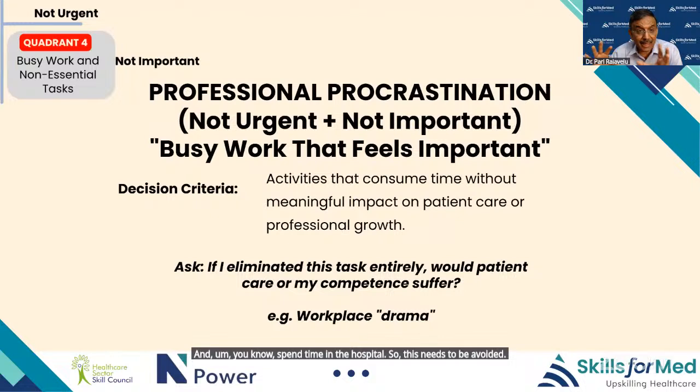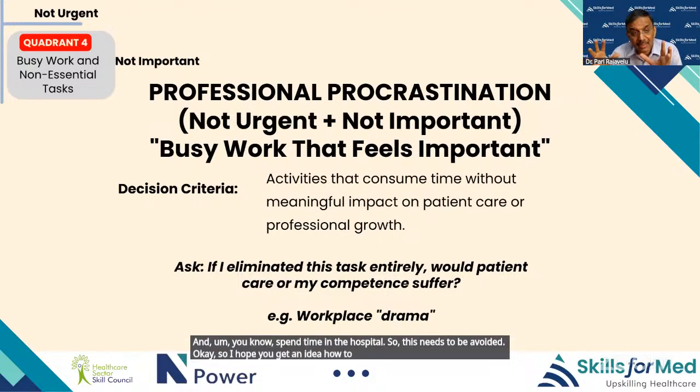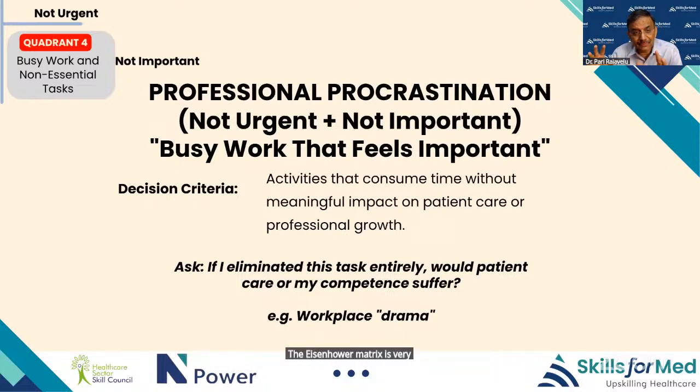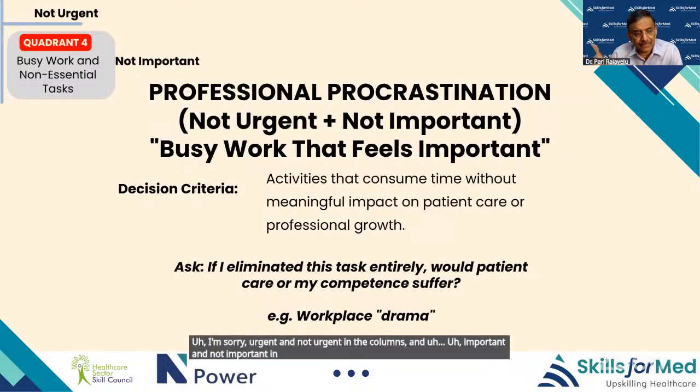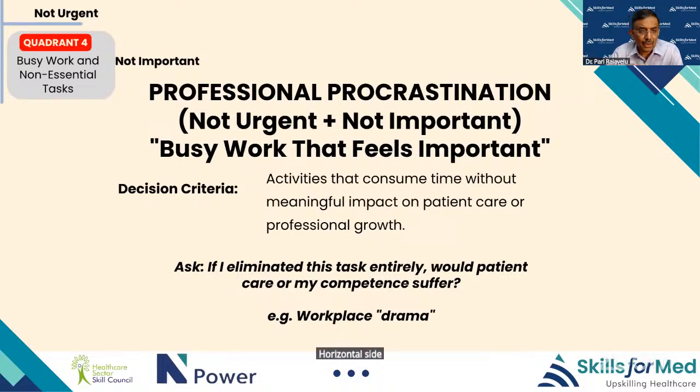Okay, so I hope you get an idea how to prioritize tasks. The Eisenhower matrix is very, very useful. So imagine, you have urgent and not urgent in the columns, and important and not important on the horizontal side. Quadrant 1 is urgent and important.